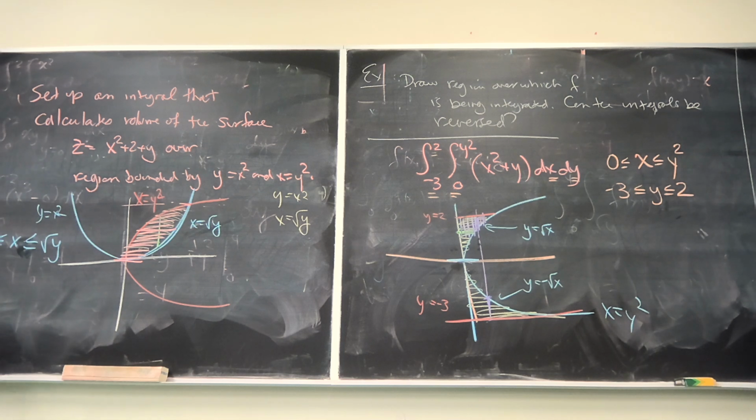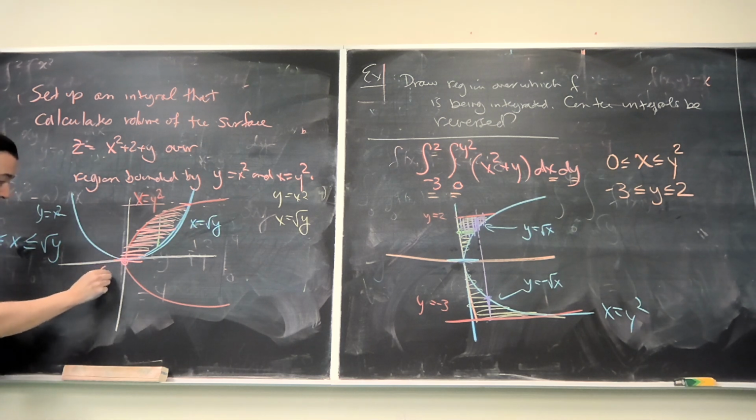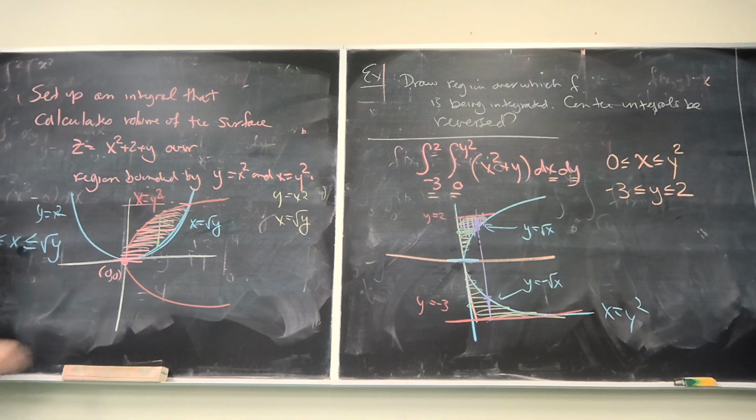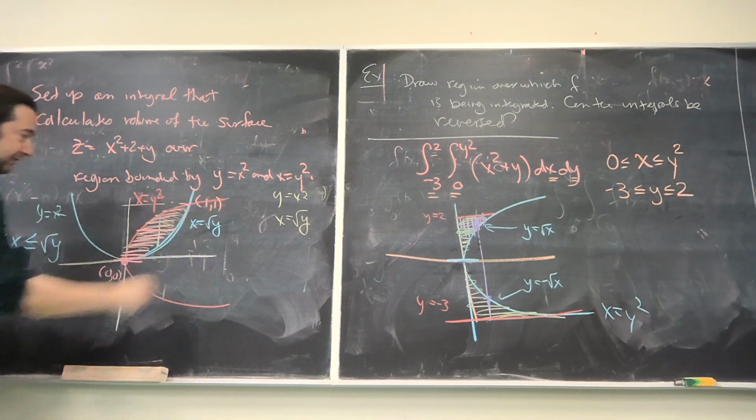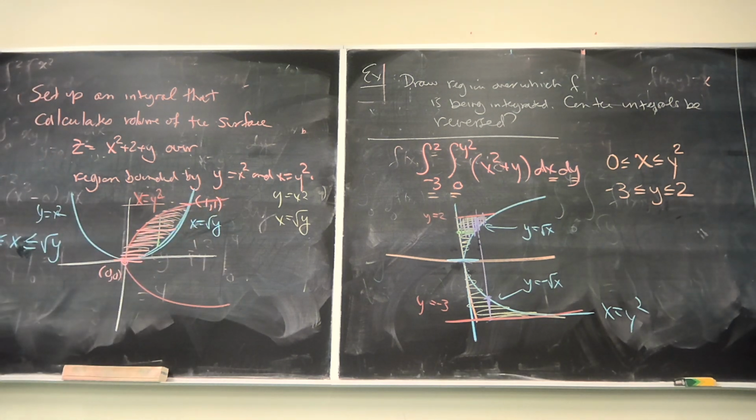Between 0 and 1. Yeah, right. I mean, you could just eyeball the points of intersection here. It's not always this easy, but the y values start where the curves intersect at 0, 0, and they end where the curves intersect at 1, 1. So our y values are between 0 and 1.